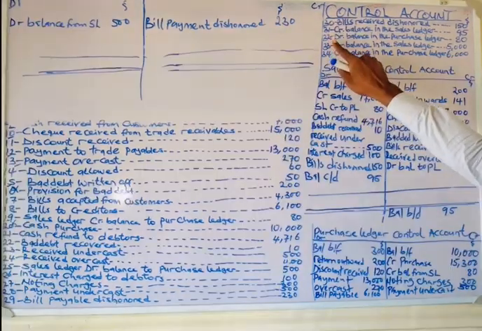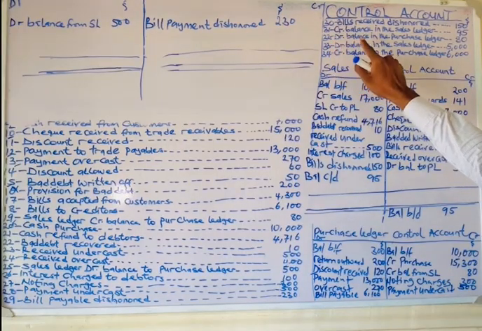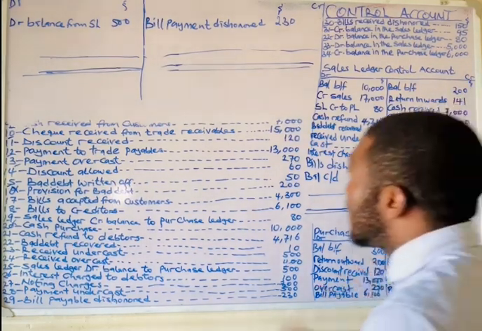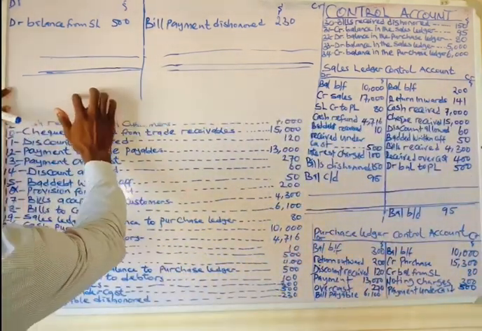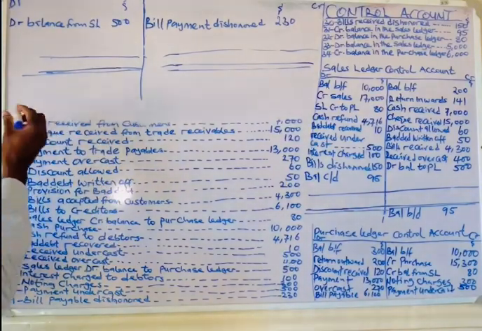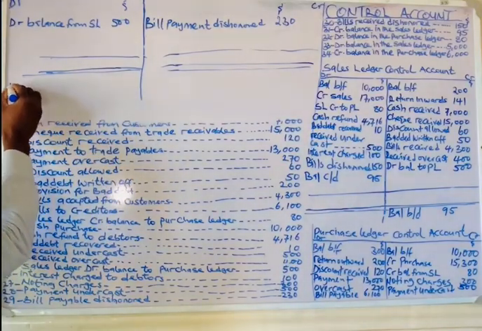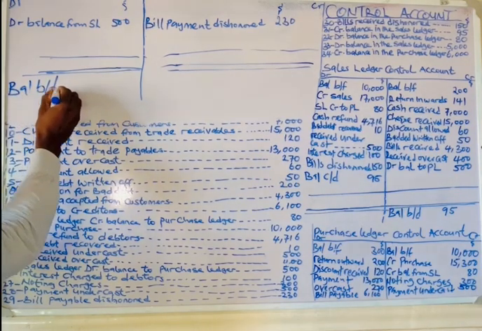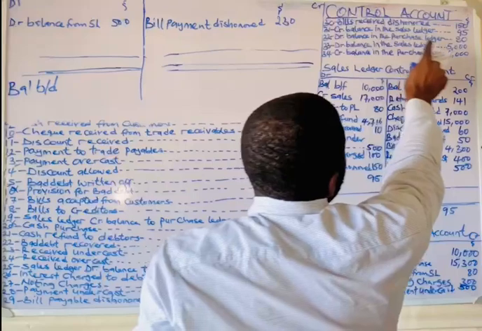The 32nd transaction, debit balance in the purchase ledger. So you go to your purchase ledger at the debit side. What makes it a debit balance is the balance BD. Say balance BD of the amount, $80.